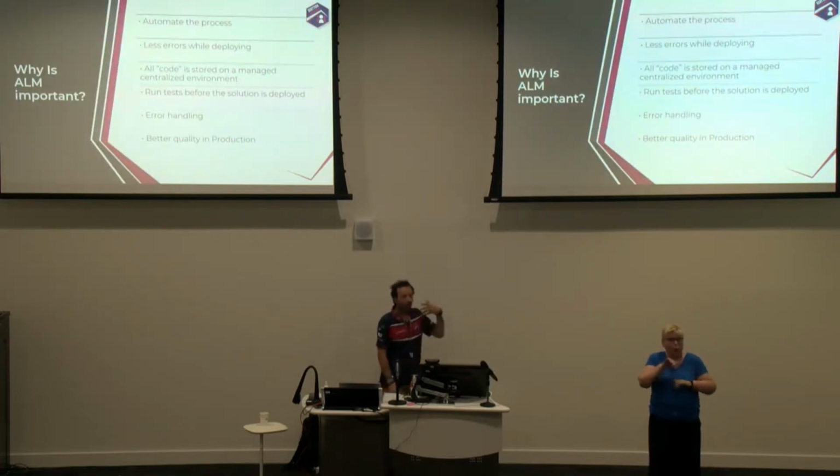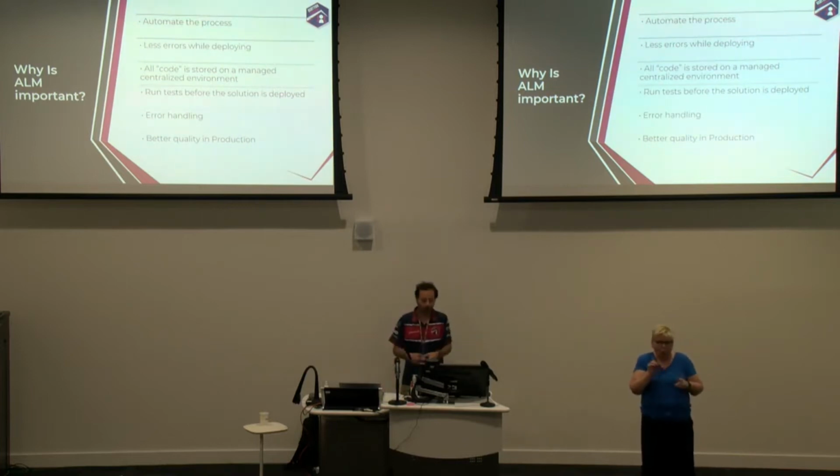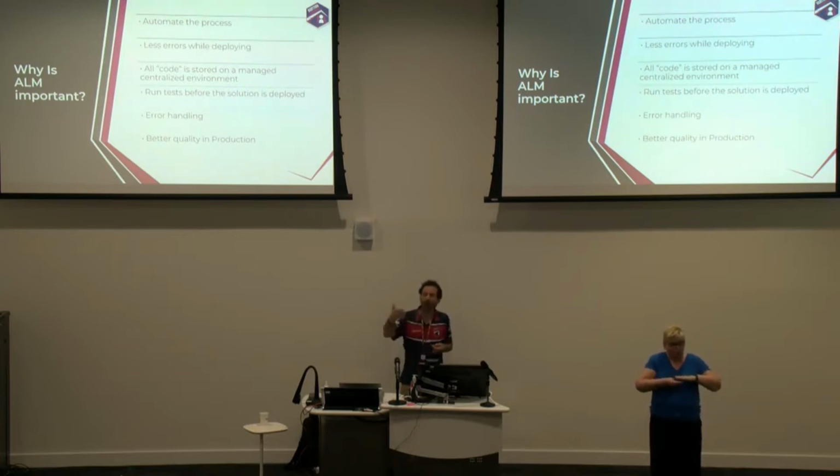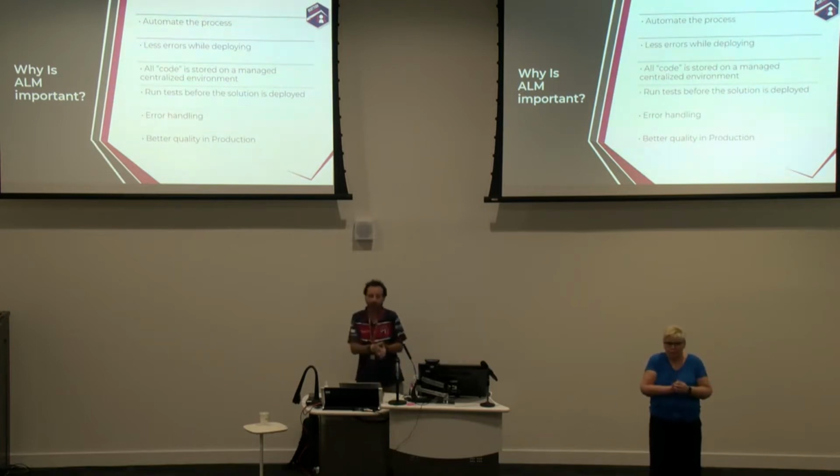So the idea of having a process that can be run in the cloud is to automate the process. You can define a certain procedure, certain things to do. This will definitely reduce what we call human error, because you write it once and then you execute it, and most of the time it's going to execute in the same way.